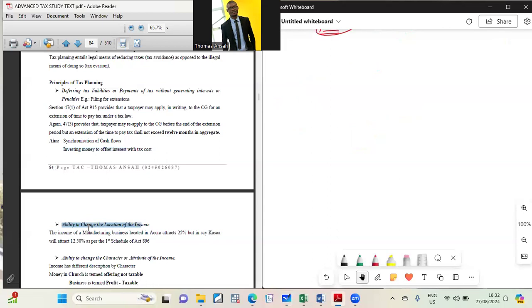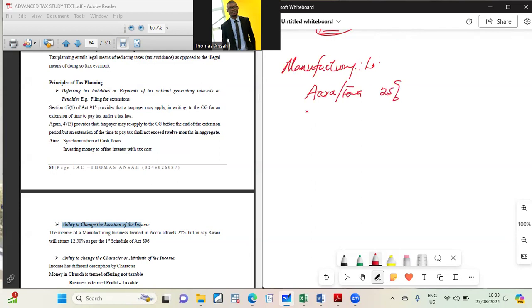Like we all know, if your business is a manufacturing business, for example, the Income Tax Act gives a location incentive. It says that if you are located in Accra or Tema, the tax rate you pay is 25%.